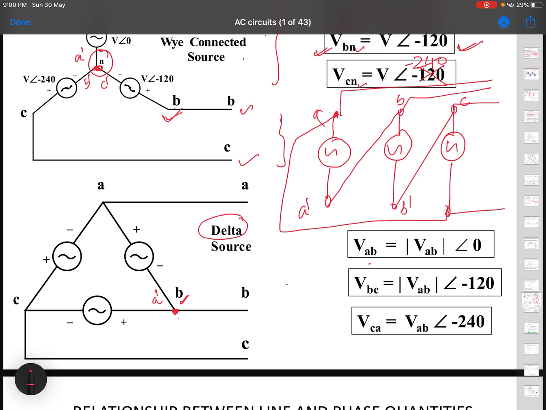This is called a delta connection, another kind of connection, called delta connected source.